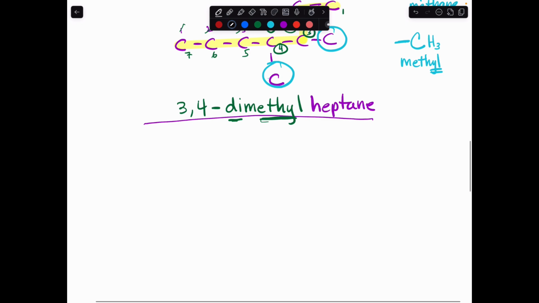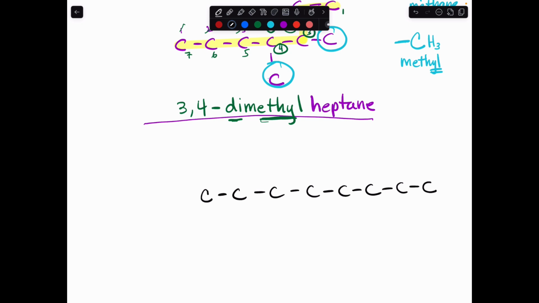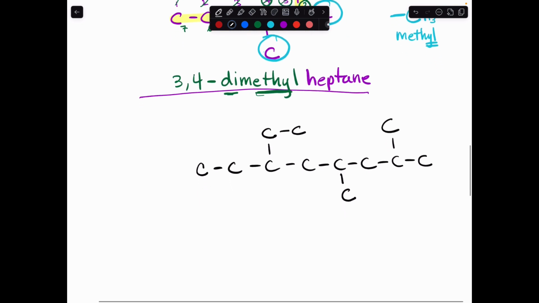So naming these long chain hydrocarbons is just a matter of putting all those pieces together. So let me give you another one. All right, so there, and let's say I have there, and there, and there. Now, again, I want to find the longest chain, and in this case, it is drawn straight across, but be careful.